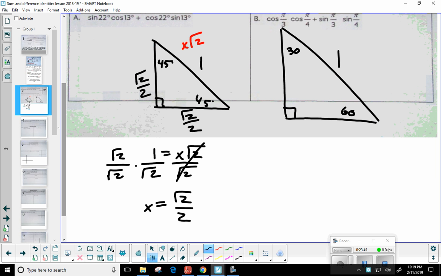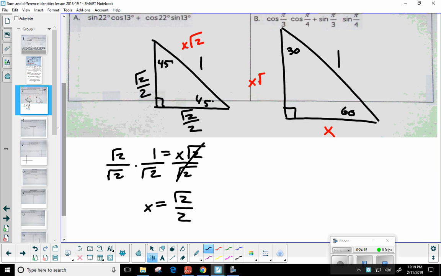Okay. Now we can do the same thing over in a 30, 60, 90. But let's see if anybody remembers. There's 2 fractional lengths. Does anybody remember what's always across from 30? You're on the right track, but that's for the other leg. Now, the relationship is whatever's across from 30, that's your shorter leg.